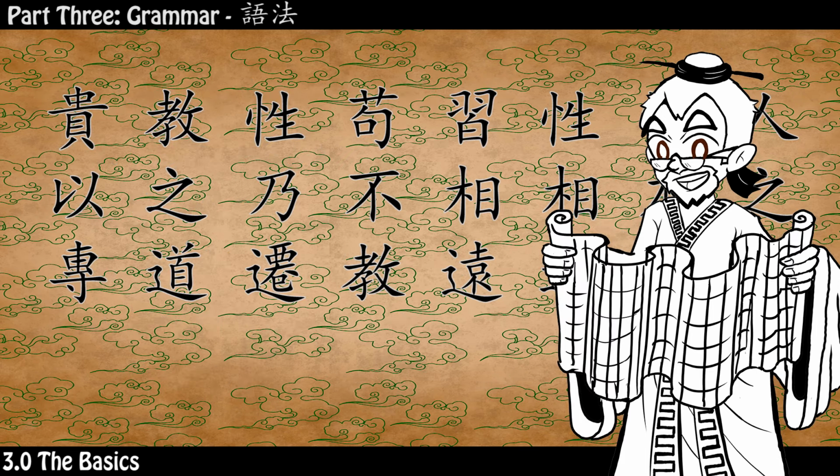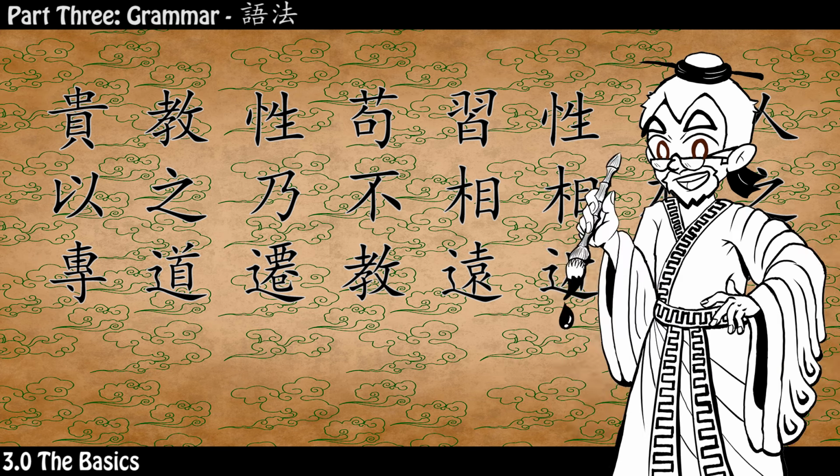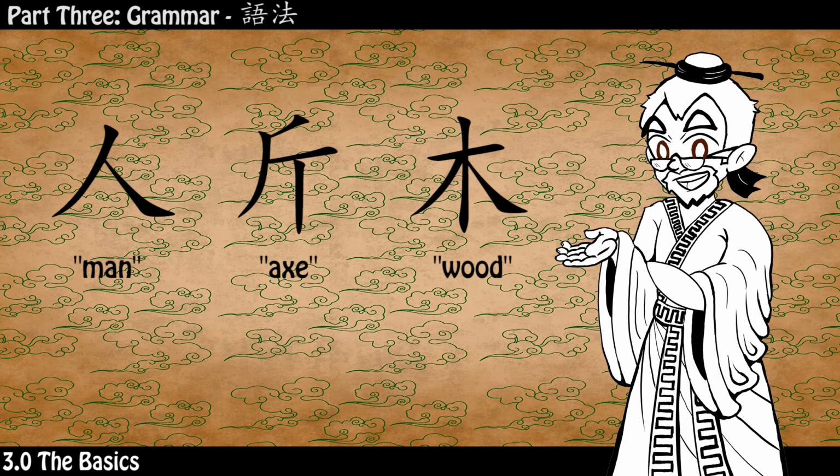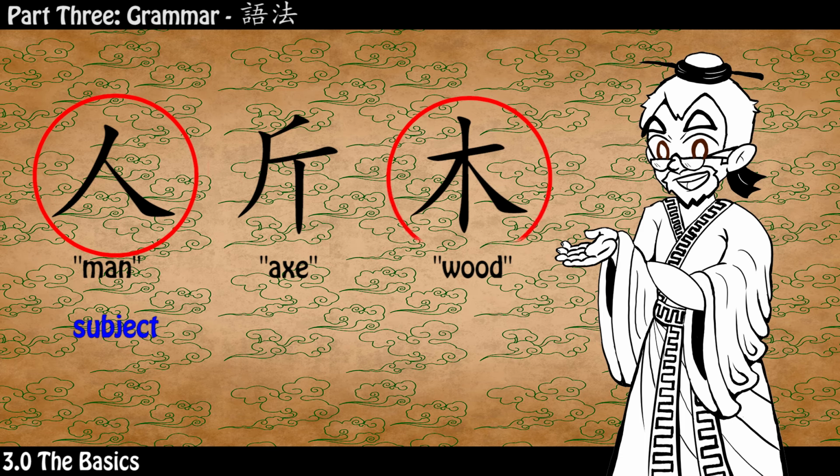To illustrate, with the characters we've already gone over in the vocab section, we can construct a very simple example sentence. 人, 金, 木. Literally, man, axe, wood. To start off, by applying the SVO word order, 人, man, is the subject, i.e. the one doing something, 木, wood, is the object, the thing being acted on.